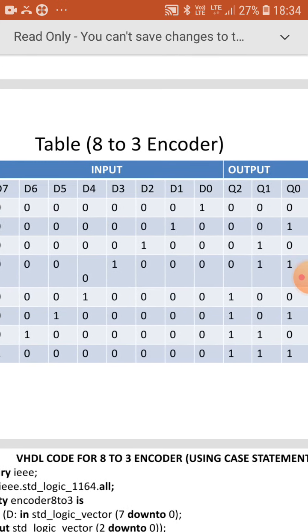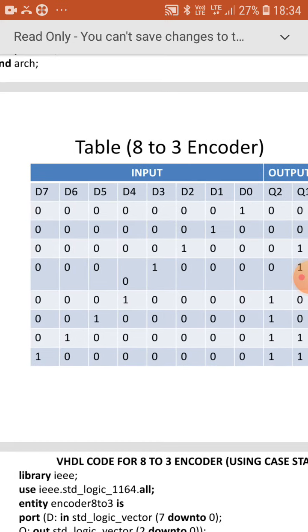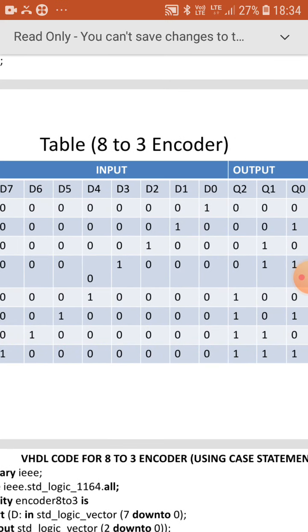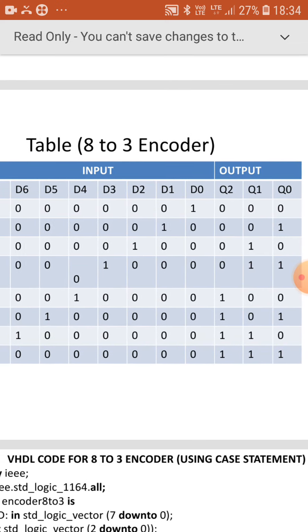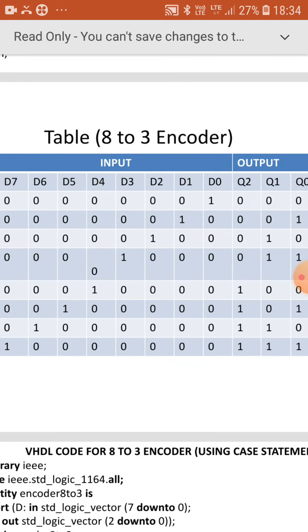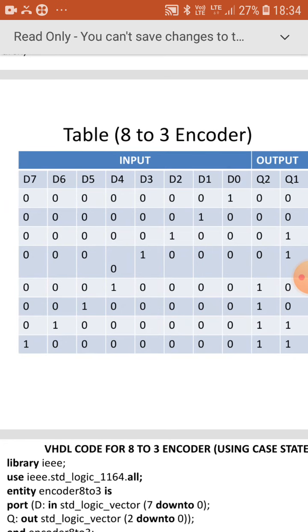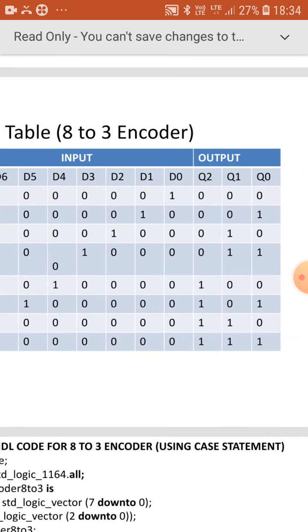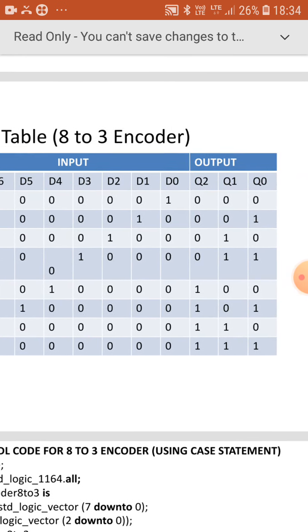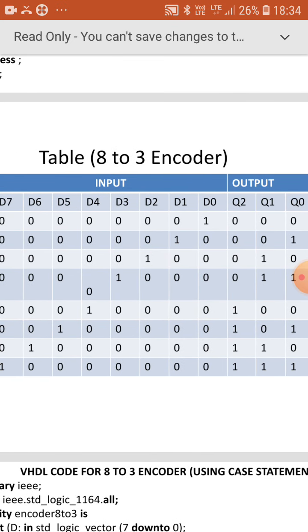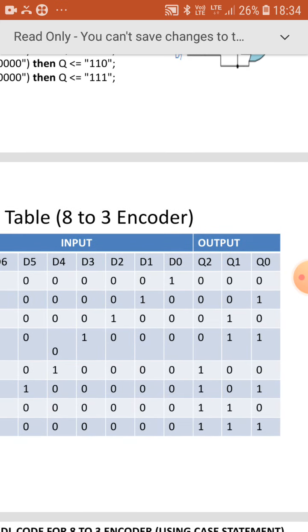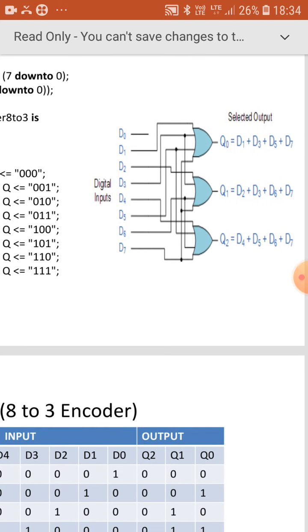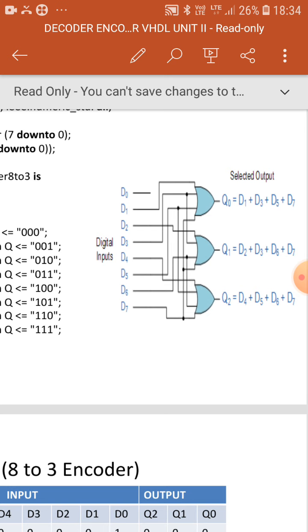Q0 is equal to 1 when D1 is equal to 1 or when D3 is equal to 1 or when D5 is equal to 1 or when D7 is equal to 1. So Q0 is equal to D1 or D3 or D5 or D7.